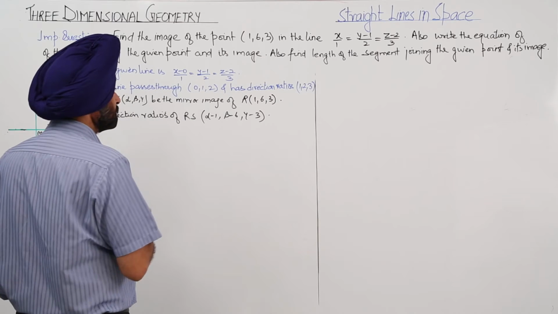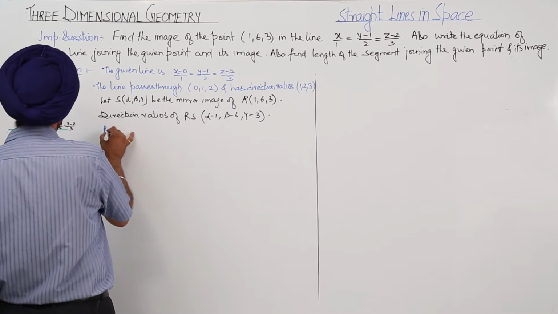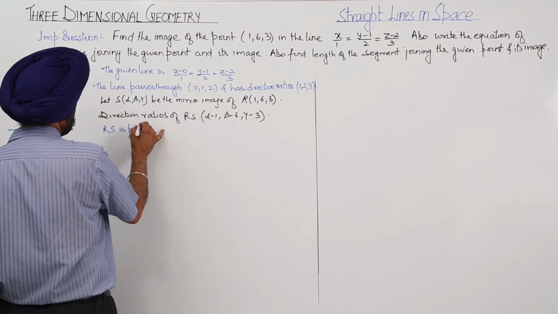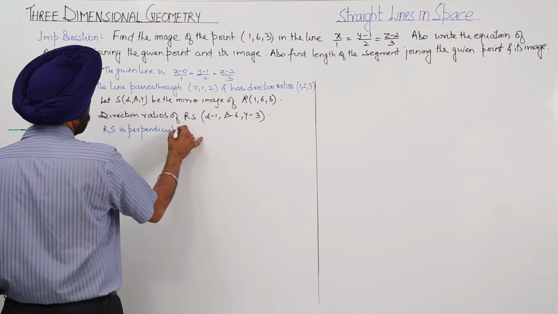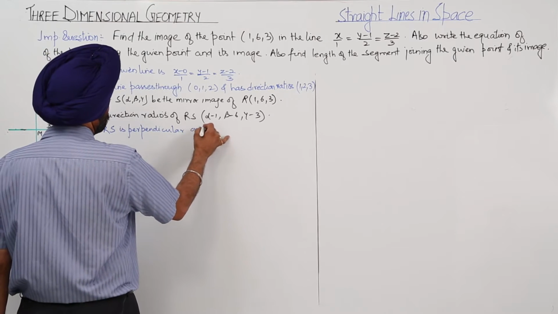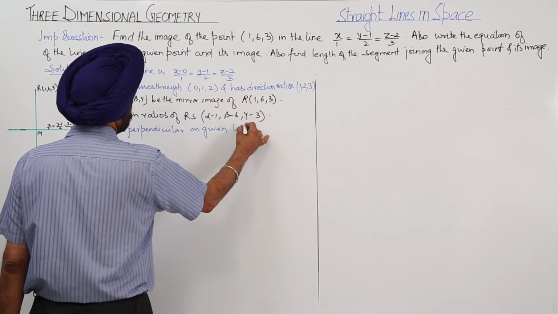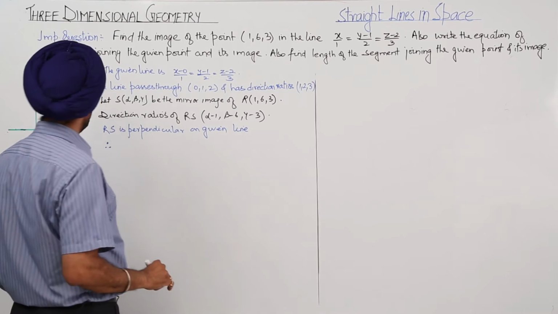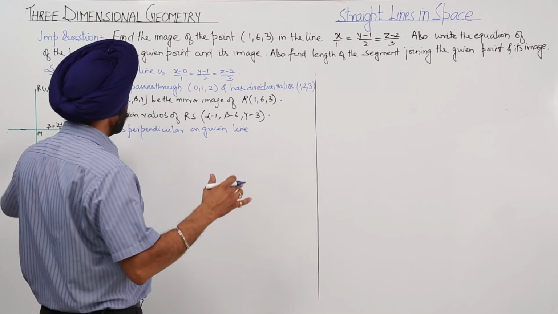Now RS is perpendicular to the given line, therefore we use the direction ratios of the line and the direction ratios of the perpendicular line.